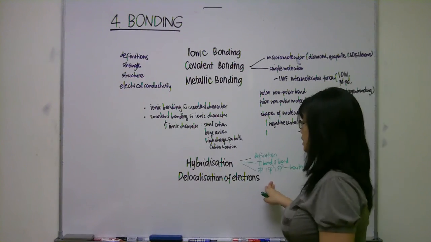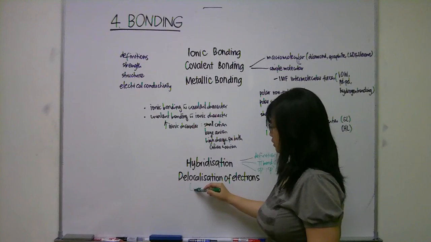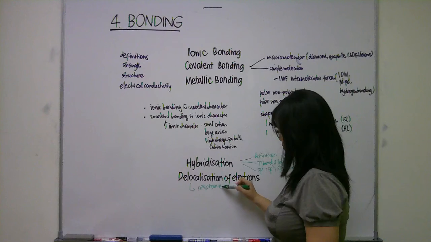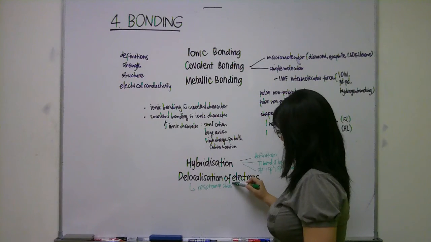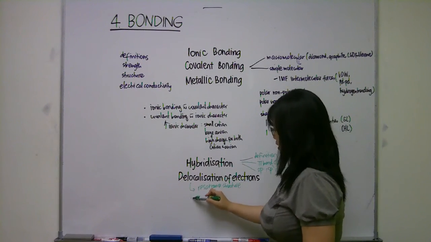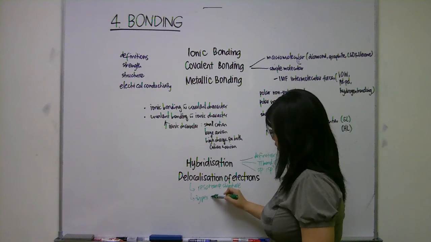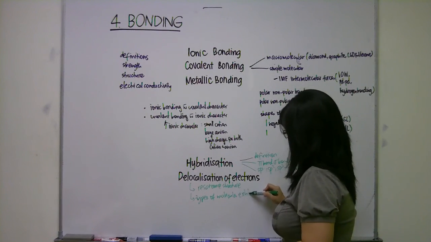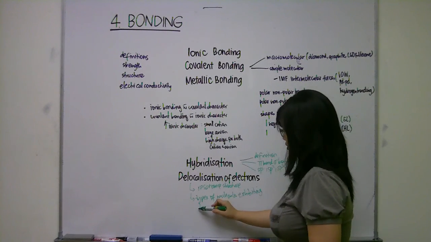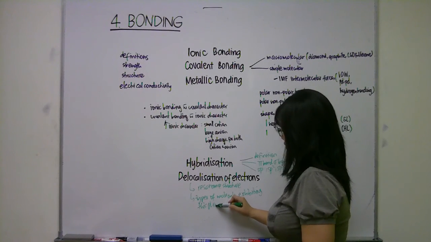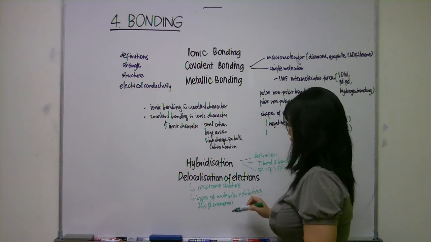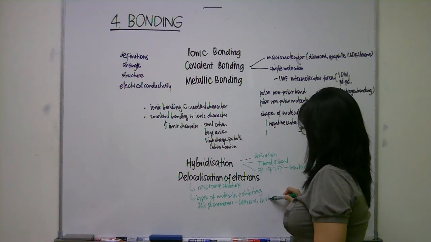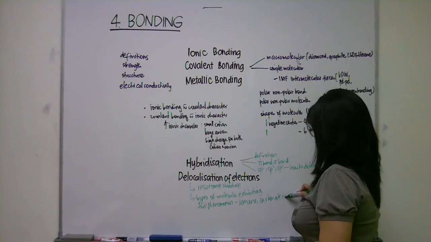The delocalization of electrons will require you to explain about resonance structures and the types of molecules exhibiting this, for example, benzene, carbonate ion, and so on.